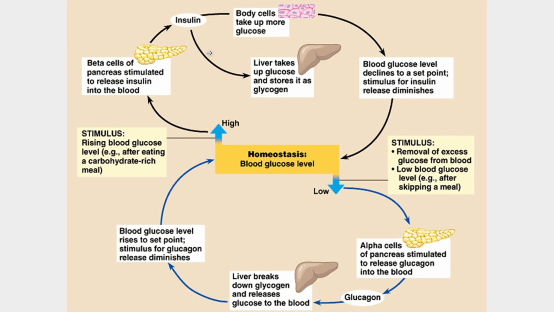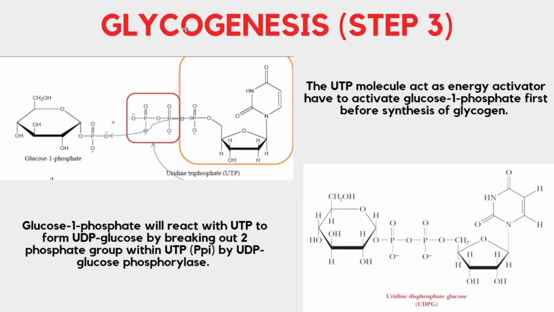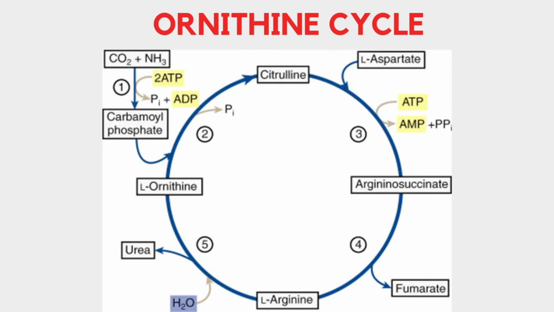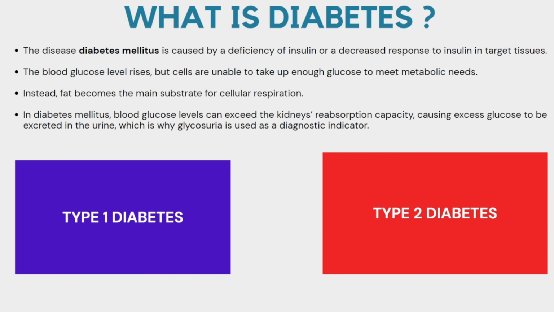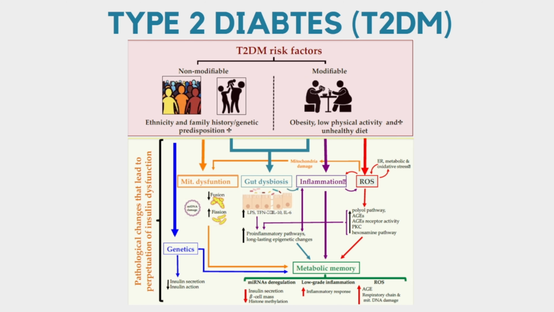So it becomes a bad cycle. The purpose is actually a good cycle, but because the insulin cannot function, it becomes a bad cycle. This is why I say it is very dangerous. So this is the overall process of type 2 diabetes.